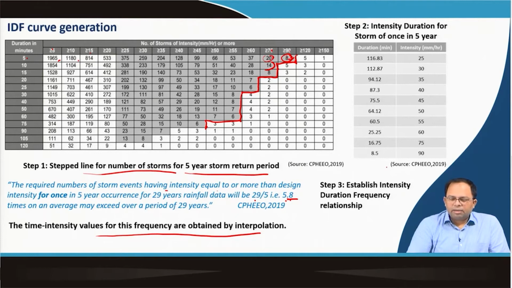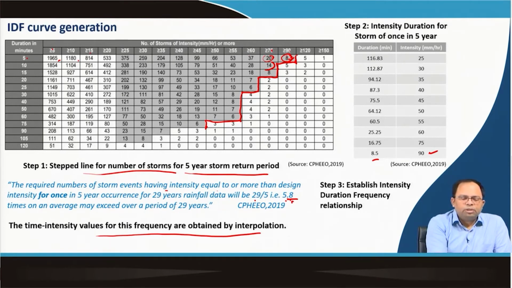We can see that for 90 millimeter per hour intensity the duration was 8.5 minutes. So, this is 90 millimeter intensity, duration was 5 minutes, but we interpolated because this value is 8, but we have 5.8. So, we can interpolate this value from within 5 to 10 minutes, this duration will increase, and this we found to be around 8.5.